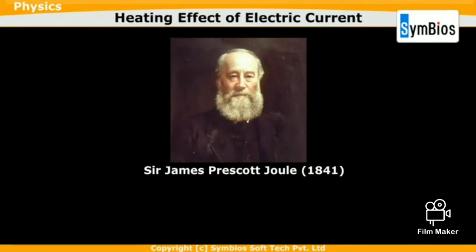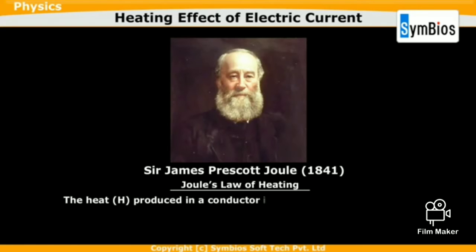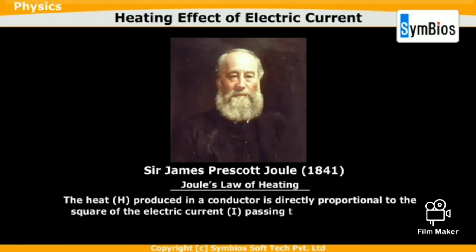Heating effect of electric current is also known as the Joule's heating, because it was first studied by James Prescott Joule in 1841. Joule's law of heating states that the heat produced in a conductor is directly proportional to the square of the electric current I passing through the conductor.